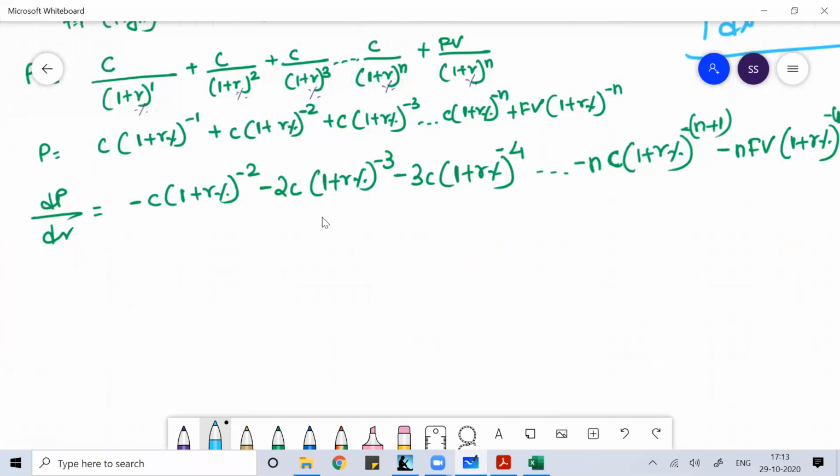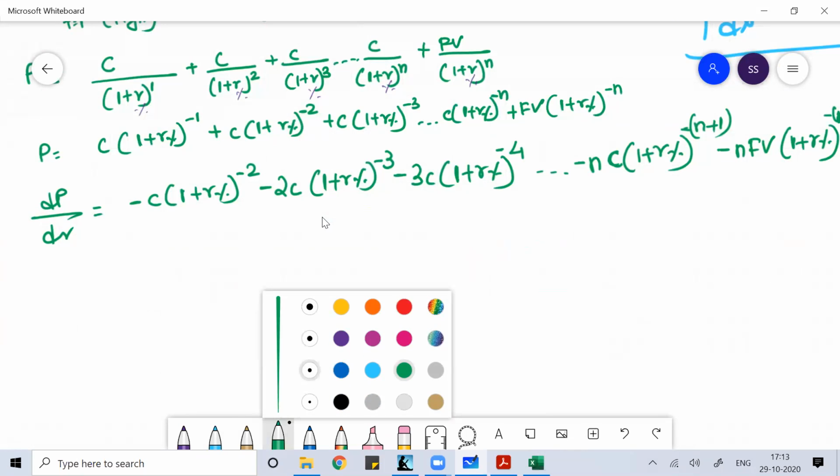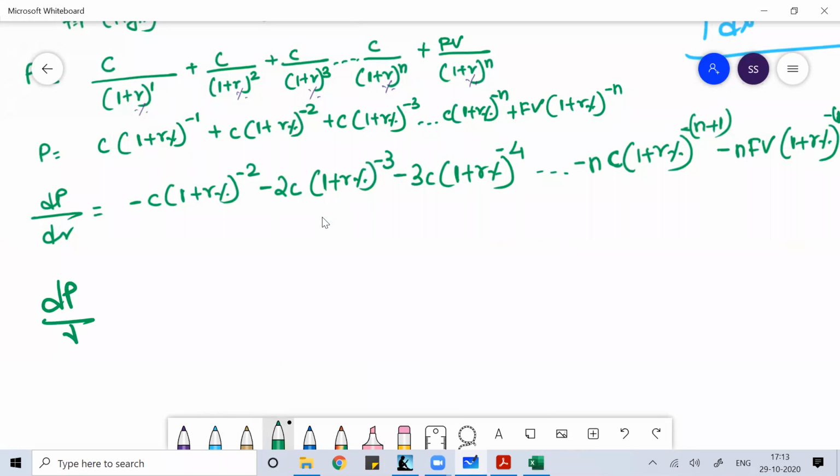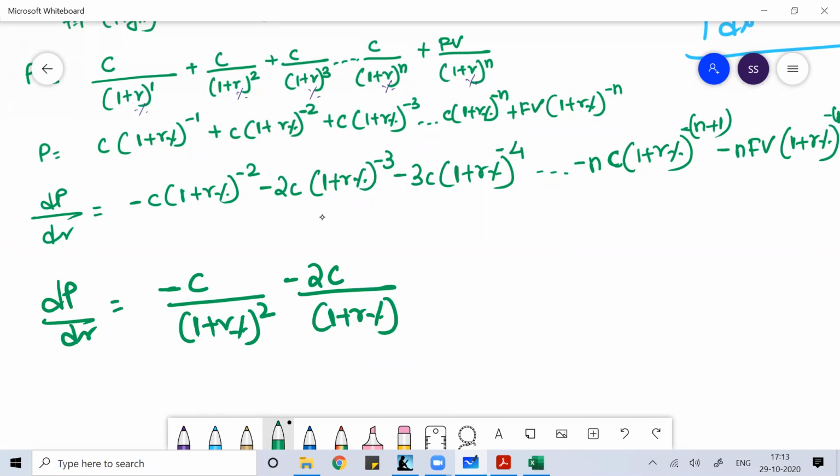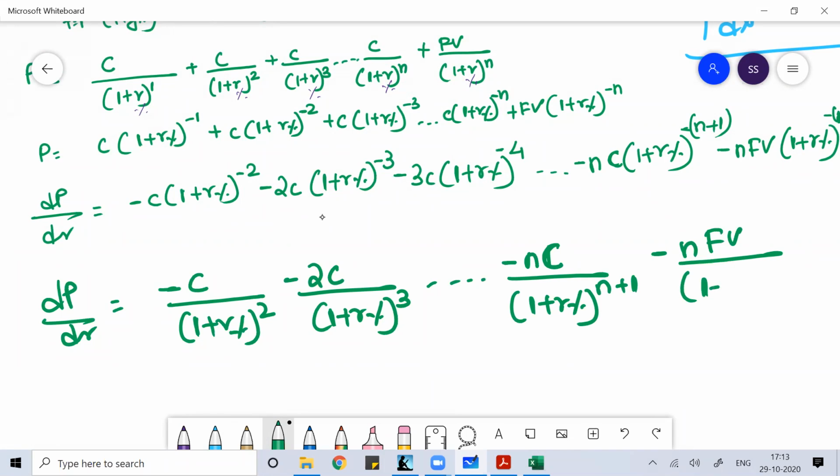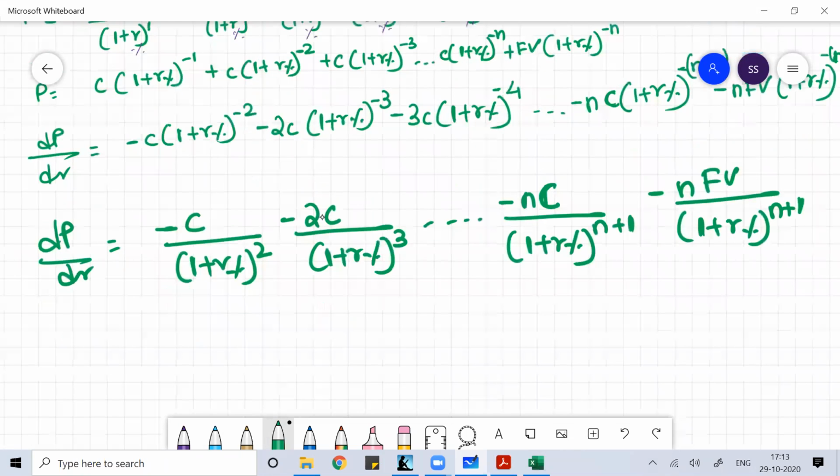Now you can write this as dP by dR, which is minus C divided by (1 plus R percent) to the power 2, minus 2C divided by (1 plus R percent) to the power 3, similarly minus nC divided by (1 plus R percent) to the power n plus 1, and minus n F divided by (1 plus R percent) to the power n plus 1.